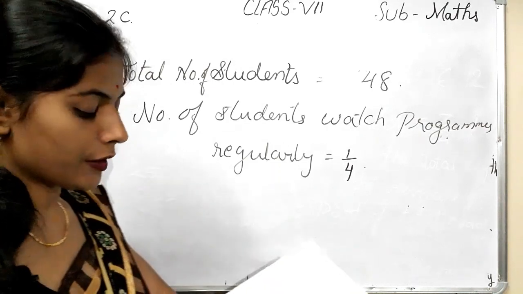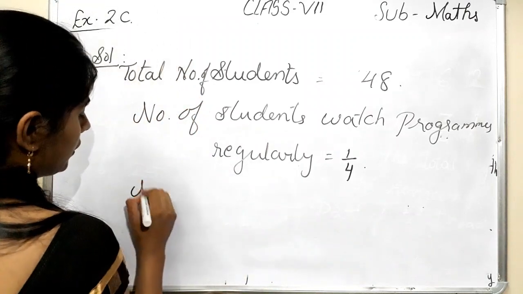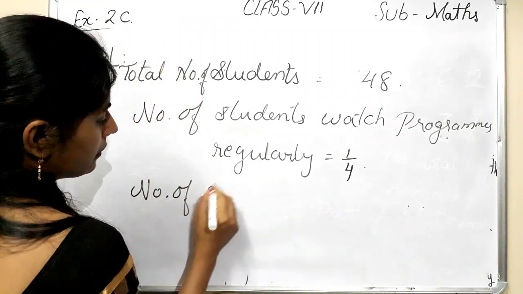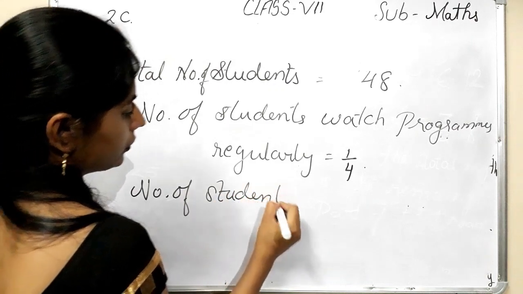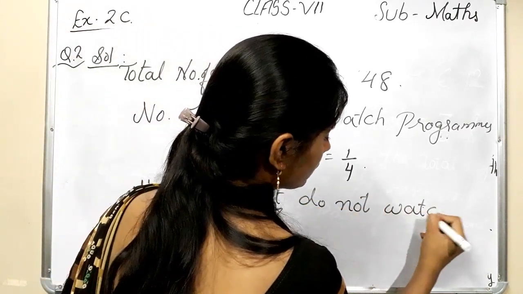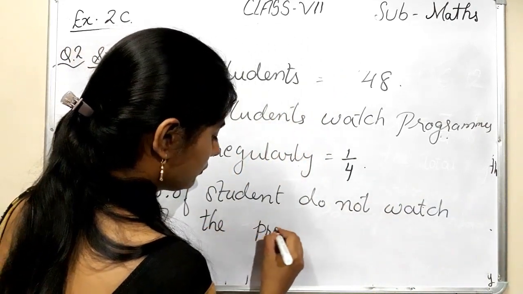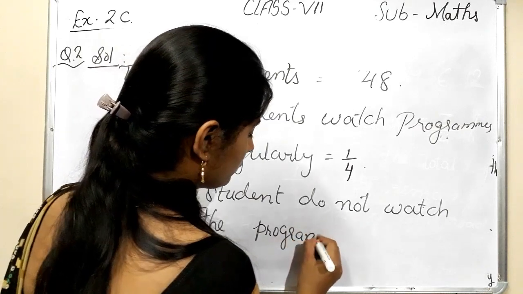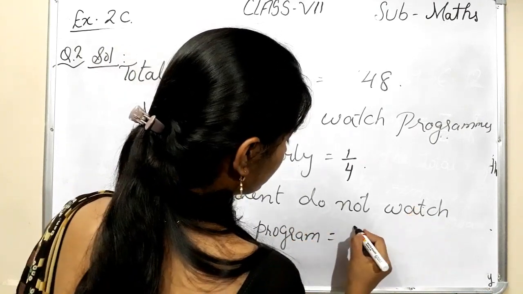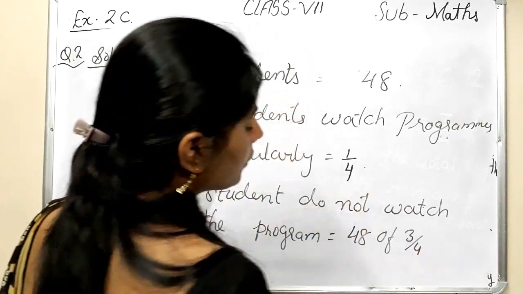How many students do not watch the program regularly? Number of students who do not watch the program is equal to 48 of 3/4.